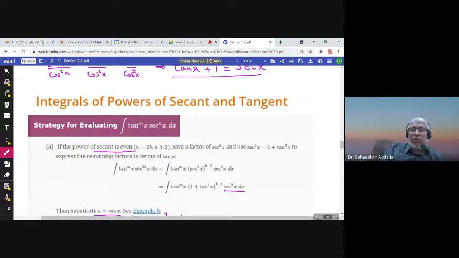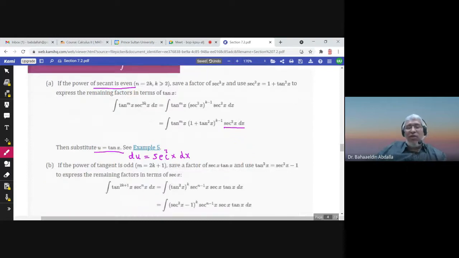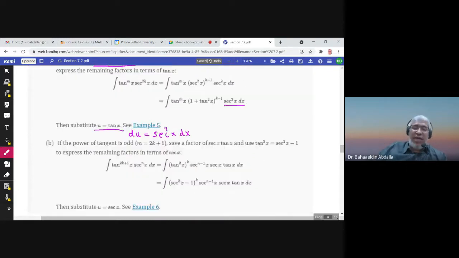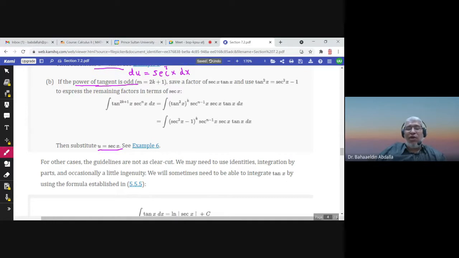So we know what to do if the power of secant is even. What if the power of tan is odd? This is the second strategy. If the power of tan is odd, we take u equals secant. And if you are going to take u equals secant, then you have to think of du.